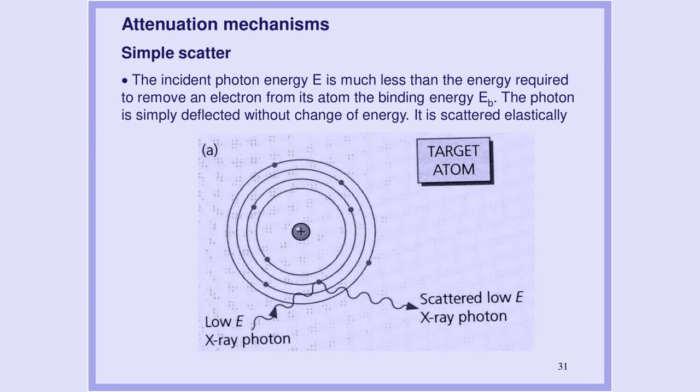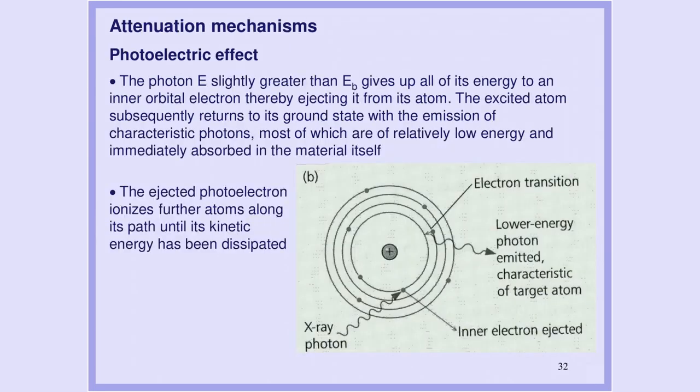This process is largely insignificant in radiography. Look at this slide, where you can see an X-ray photon that has an energy from 1 to 30 kilo-electron volts. Its energy is equivalent to the K-shell binding energy of a matter atom. Then the photon will be totally absorbed and an electron ejected from the atom.